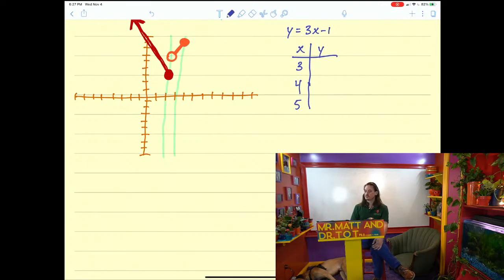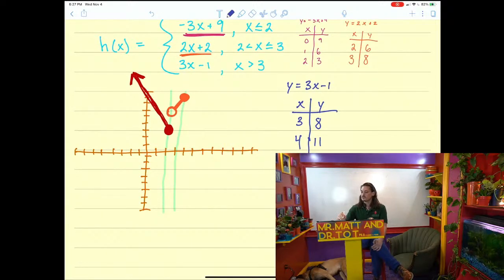If we plug in 4 for x, 3 times 4 is 12, minus 1 is 11. Plugging in 5 for x, 3 times 5 is 15, minus 1 is 14. So at x is equal to positive 3, we're going to be exclusive to positive 8. So we're going to have a hollow dot at y equals 8.